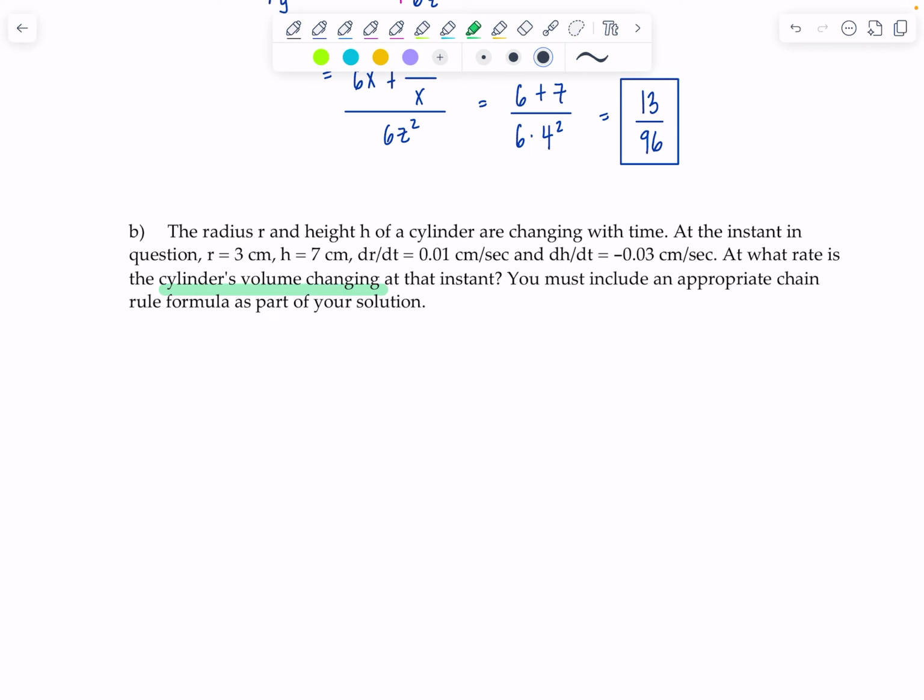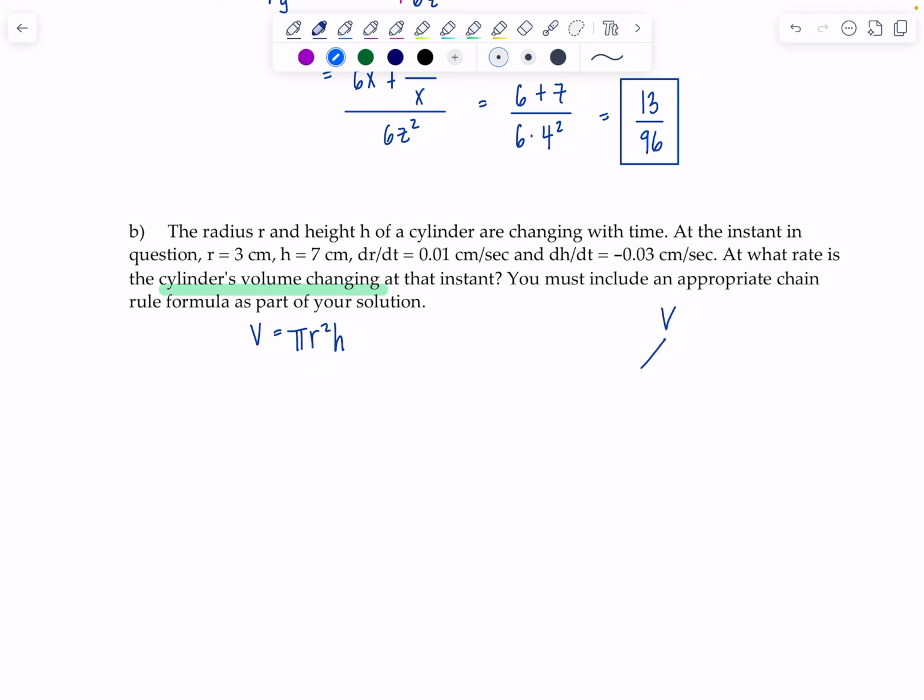Oh, wow. Okay, here we go. So notice volume is a function of several variables, radius and height. And both of these are changing with time. So what shape are we dealing with? It's just a cylinder. So we know volume of a cylinder is area of base times height, area is a circle, times the height.